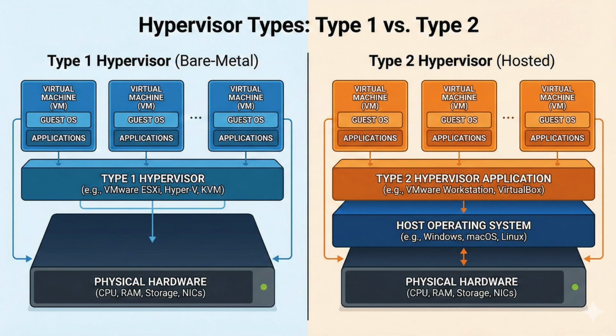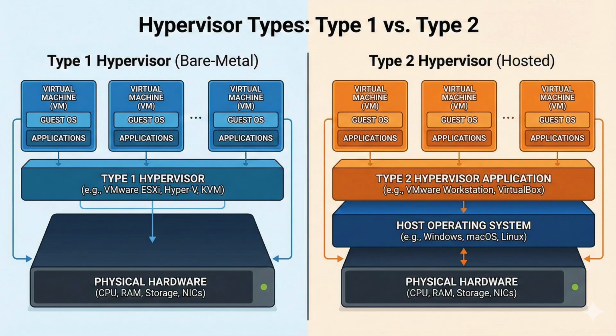Hypervisors come in 2 broad types. Type 1 hypervisors run directly on the hardware. Think VMware ESXi, Microsoft Hyper-V Server/Role, or KVM on a minimal Linux. This is what we typically use in production, because the attack surface can be small and performance is strong.